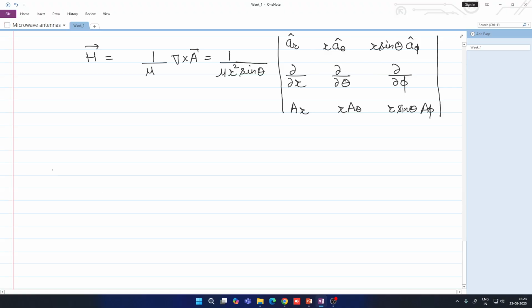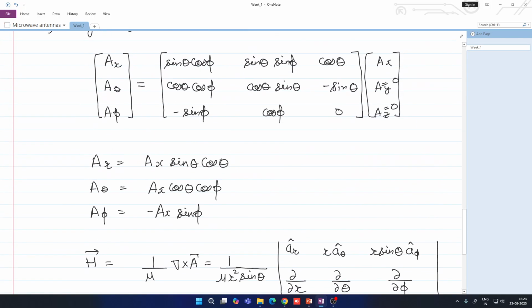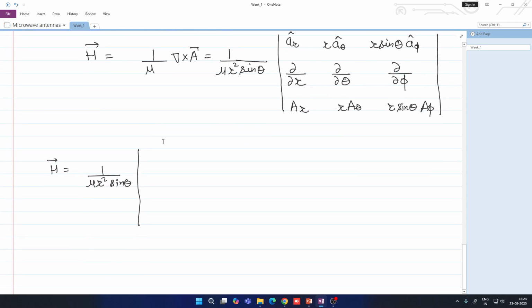So I can now write this H vector as 1 by mu r square sin theta. Now what I'm doing is writing this A r, A theta, A phi in terms of A x, in its rectangular coordinate system. So I'm writing the A r, A theta and A phi values here. If you guys have any doubt about what we have done till now, you can unmute yourself and ask.